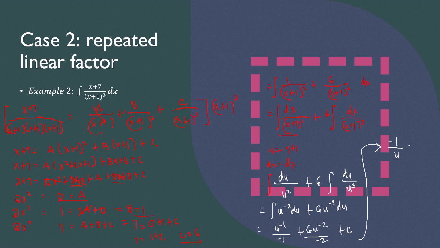This one is minus 3 over u squared, plus c. Or that is negative 1 over x plus 1, minus 3 over x plus 1 squared, plus c. That's your final answer.